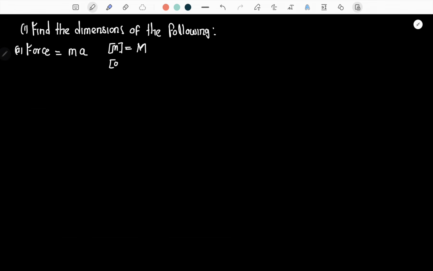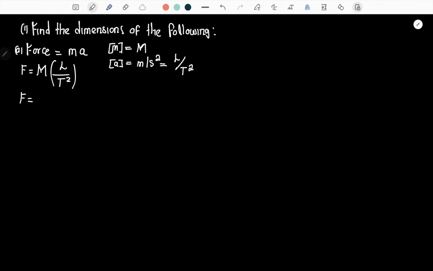I already showed you that acceleration, the units were meters per second squared. So from this, you are able to generate its dimensions because you know that the meter is length, and then the s is the second representing the time. Because s has got power 2, you put a power 2 here, right? So for force, where there is mass, you put capital letter M, open bracket, then you say L over T to the power 2.